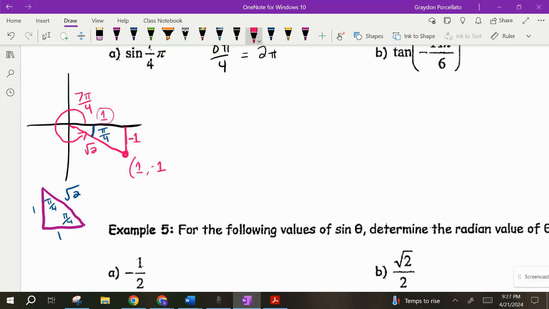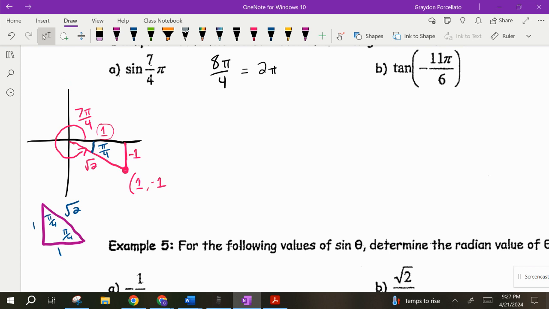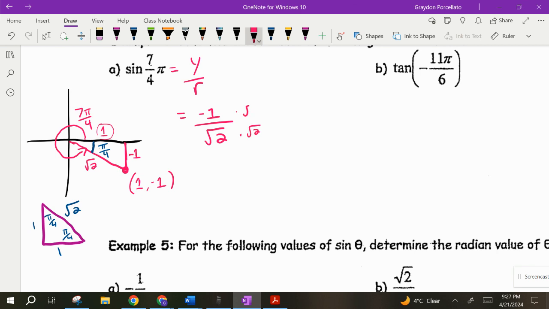Now, if I want to know what the value of sine of 7 pi over 4 is, that's just equal to y over r, and I know my y coordinate is -1, and my r is root 2. Now remember, we can't have a root on our bottom, so I'm going to multiply by root 2 over root 2, and I get -root 2 over 2.